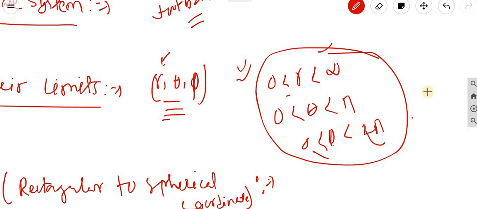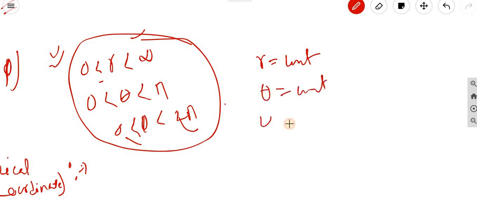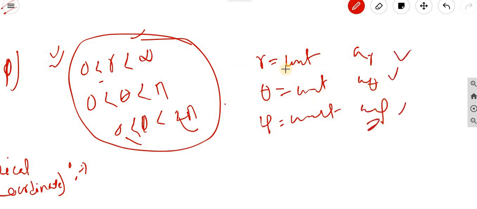So the surfaces r equal to constant, theta equal to constant, and phi equal to constant are mutually perpendicular.